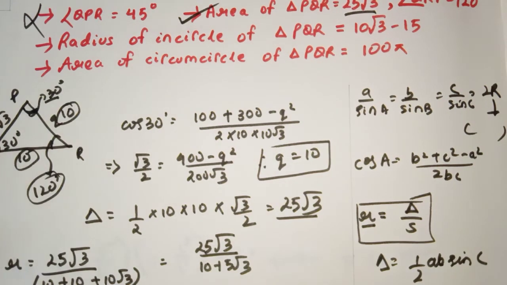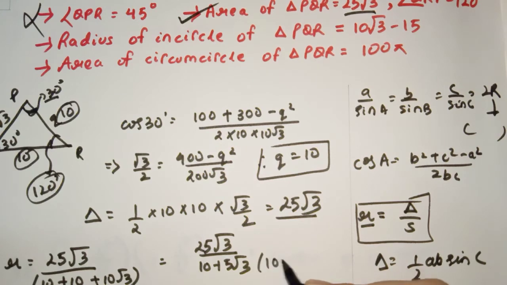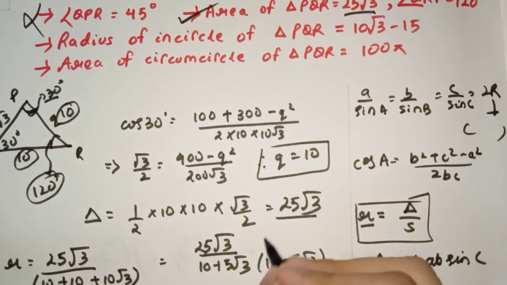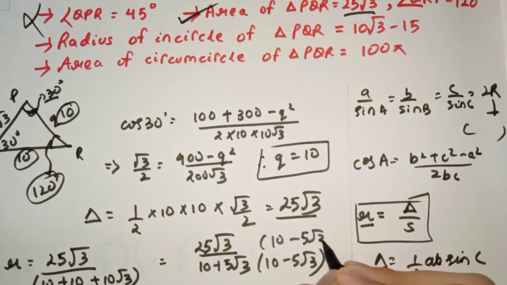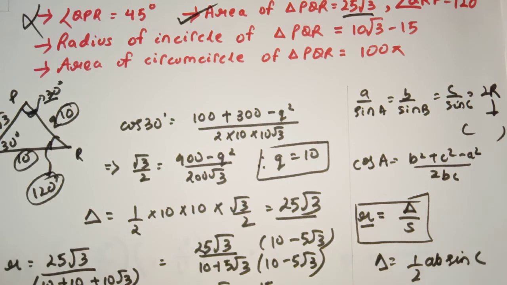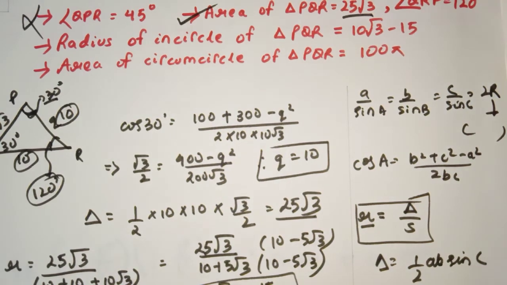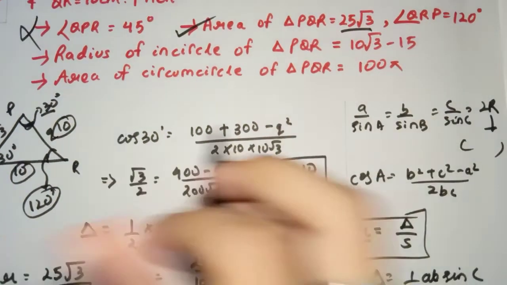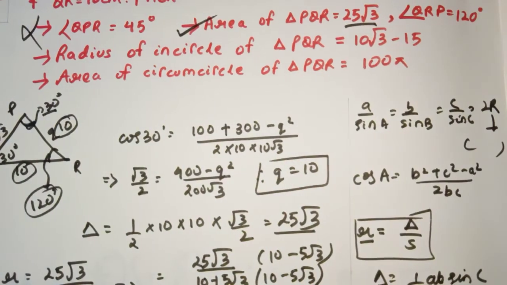Now what do we do? Rationalize it when we see an irrational number in the denominator. 10 minus 5 root 3 by 10 minus 5 root 3, right? So rationalizing this one, 10 root 3 minus 15. You may do the calculations. Now let's check. Radius of incircle of triangle PQR, yes, it's 10 root 3 minus 15.